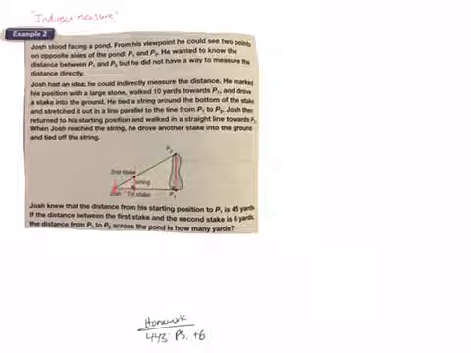So this length right here is 45 yards. If the distance between the first stake and the second stake is 8 yards, so this length here is 8. How far is it from P1 to P2?